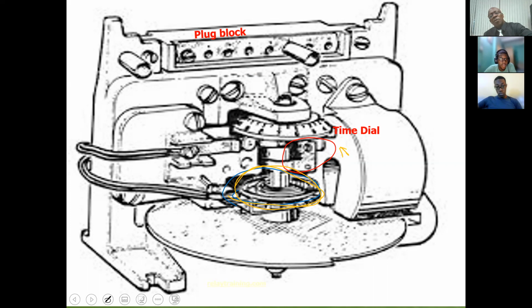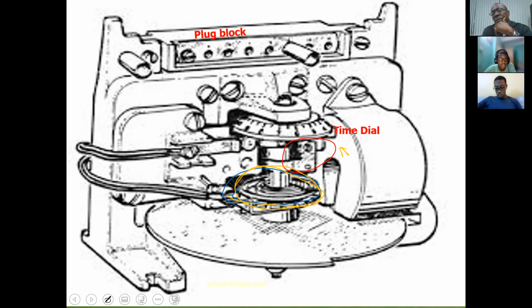Now the time dial, if you recall, on the curves, you had the different time dial settings. So you had 0.5, 1, 2, etc. All you're doing is moving this dial, and by moving the dial, you're actually moving the movable contact closer to the fixed contact.